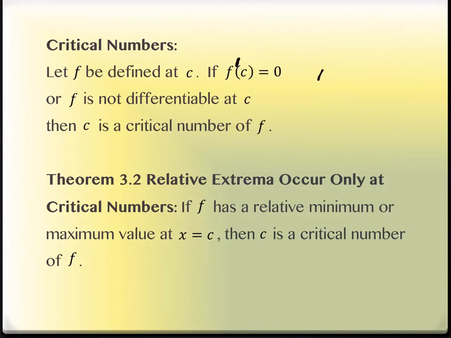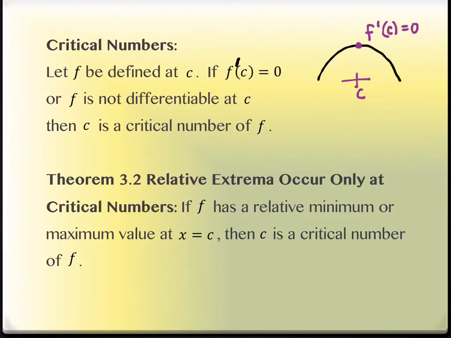So you can have a graph that does something like this. This is the last one that I drew. Right? So at this location, the derivative is 0, right? If you were to draw a tangent line, what would it look like? Horizontal, yeah? Slope 0. So this right here is a location where f prime of, well, we'll call it c. We'll say that this is occurring at c. F prime of c is 0.